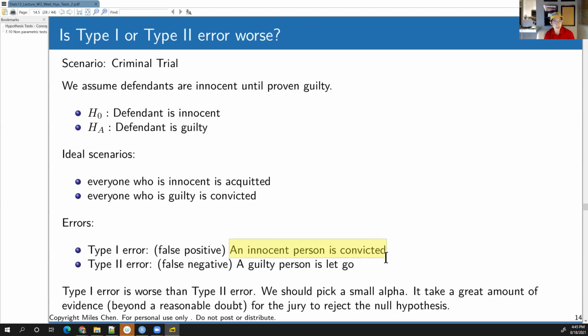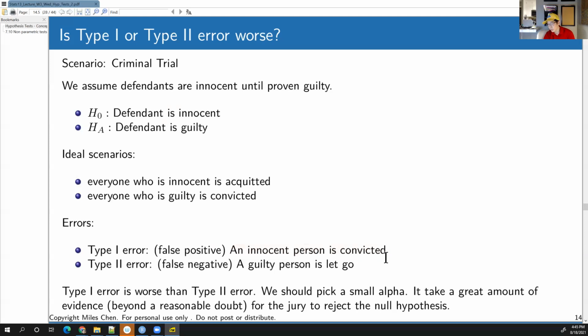If somebody didn't actually commit a crime, we don't want to imprison that person, okay? And possibly even worse, right? In some cases we have capital punishment, death penalty cases, and the idea of executing an innocent person is anathema. It's something that we really don't want to be guilty of as a society.